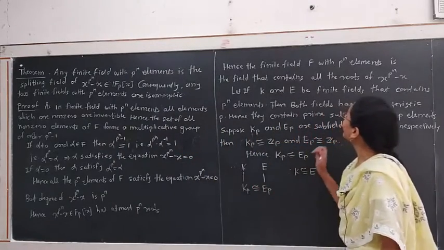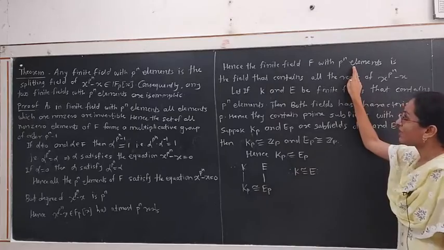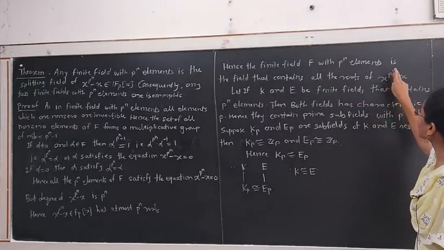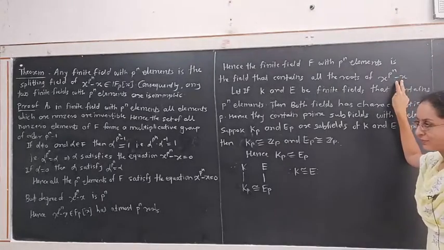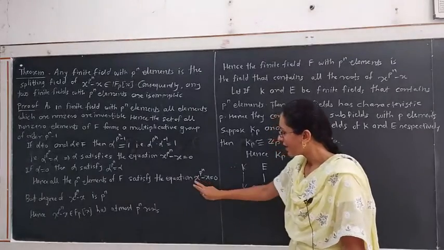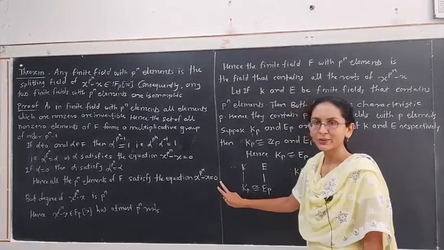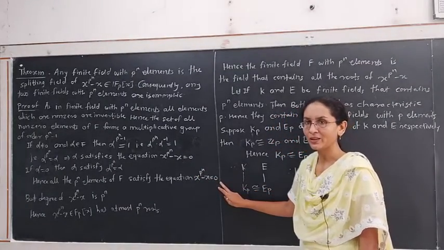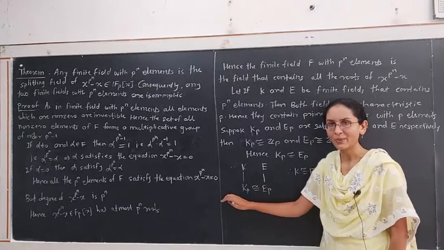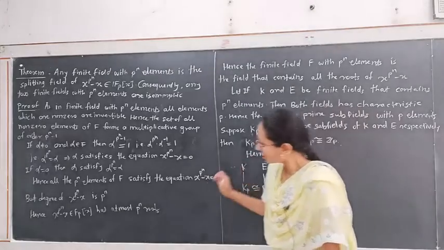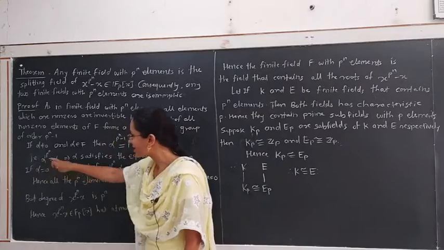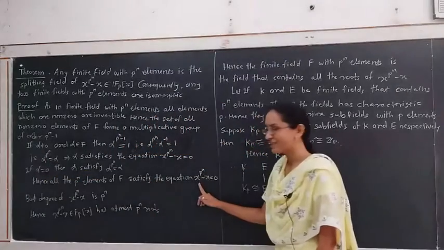Hence, the finite field F with p raised to n elements is the field that contains all the roots of x raised to p raised to n minus x. See, the roots of the polynomial x raised to p raised to n minus x equals 0 are p raised to n in number. Also, we have the finite field F with p raised to n elements, and we have seen that whether an element is 0 or non-zero, it satisfies this equation.